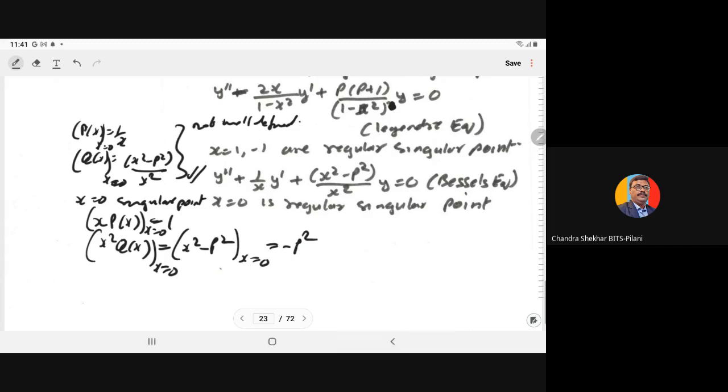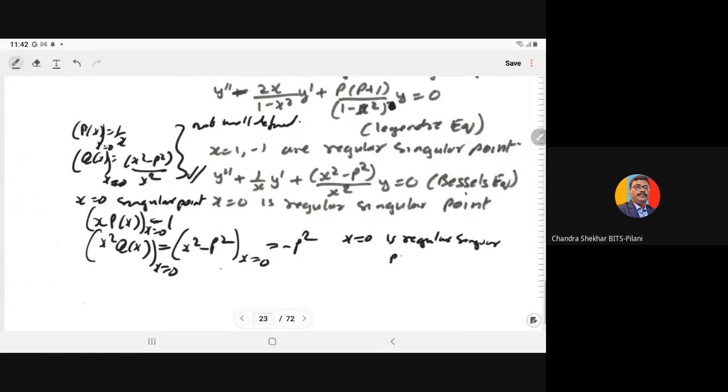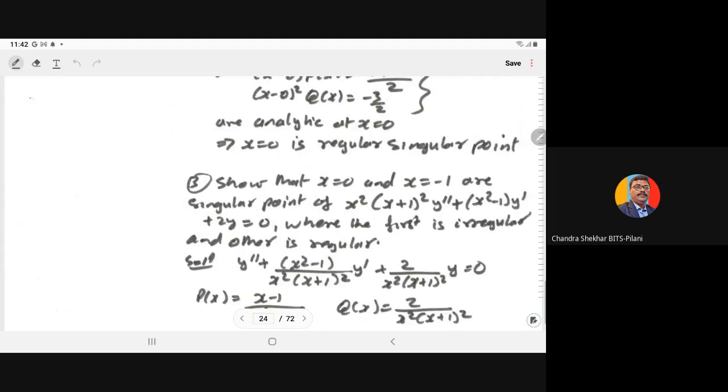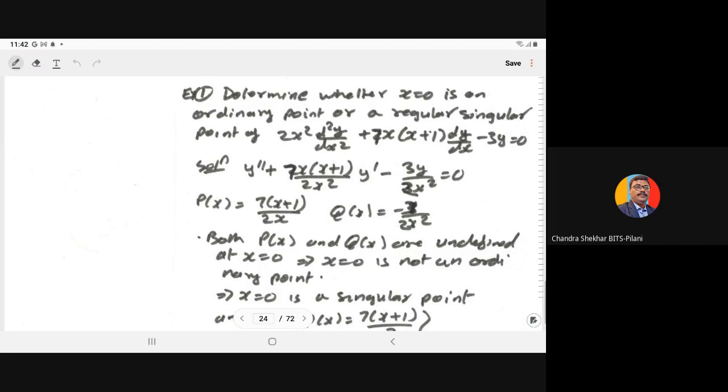It means x p(x) and x square q(x) are well defined for x is equal to 0. This implies that x is equal to 0 is a regular singular point. So in this way, we can determine the regularity and irregularity of the singular point.